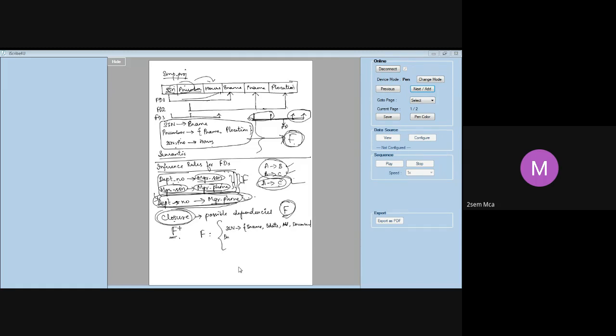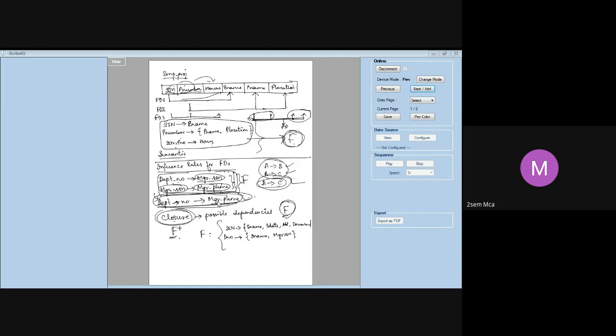One more I will give: if I know the D number, then I can determine the D name and who is the manager of that department. These two together I call F. This is a set of dependencies. That's why I call F the set of dependencies that we have explicitly stated.